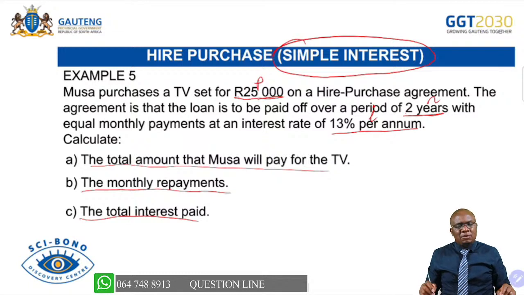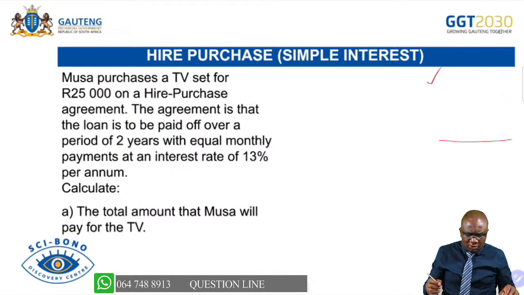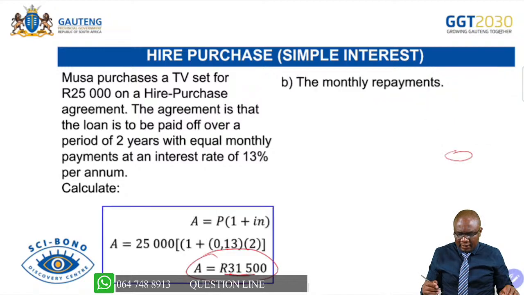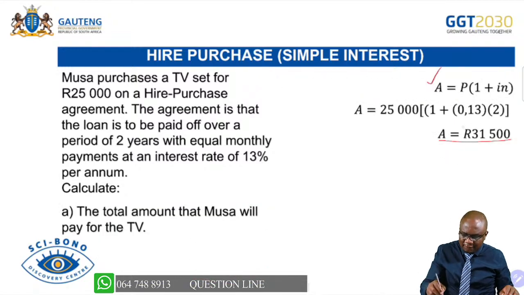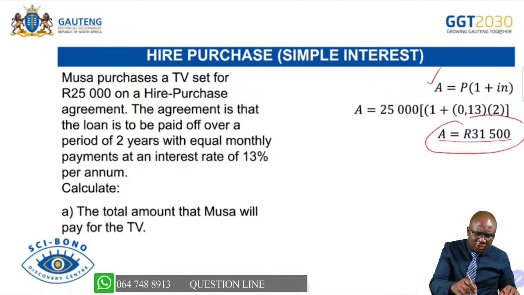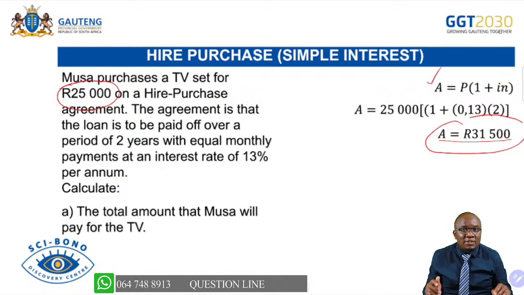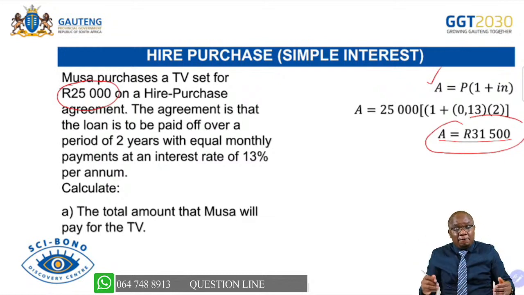Okay, the total amount was very clear. It is our accumulated amount, isn't it? So now, let's go to that. Right, which was 31,500. Musa took the TV set for 25,000. So when he started the agreement, he was owing 25,000. But because of interest, which is charged before even paying for it, you know that?